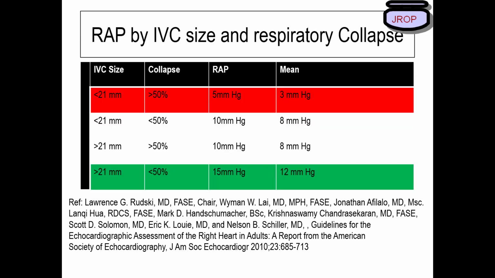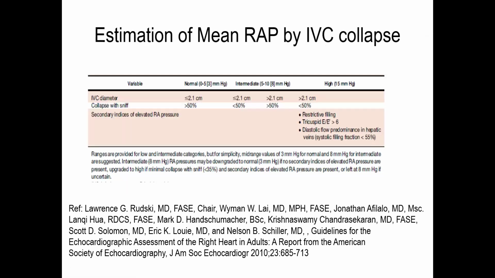And that's what is very useful in cases where we found that the IVC is not collapsing at all, like in this subject, more than 21 millimeters, not collapsing at all. We always try to do a sniff method.